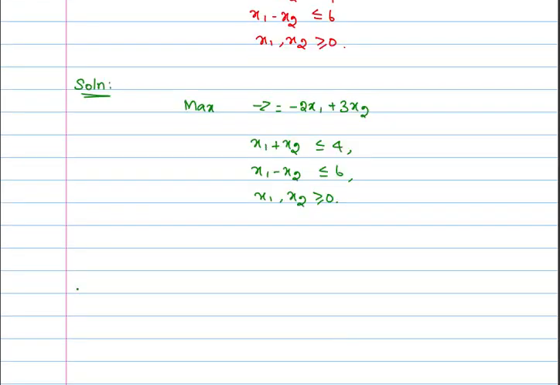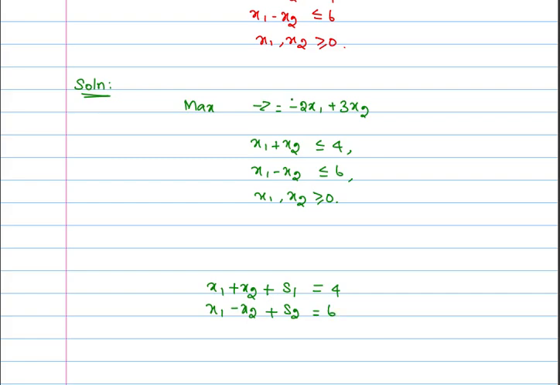The first step of the simplex method is to represent all the constraints as equations. So our constraints become x1 plus x2 plus slack variable s1 equal to 4, and x1 minus x2 plus s2 equal to 6.